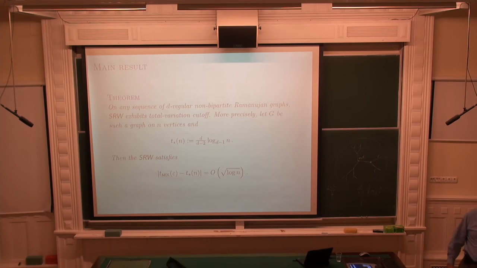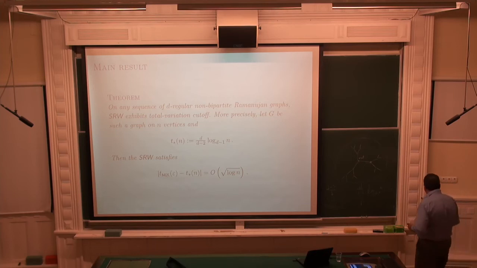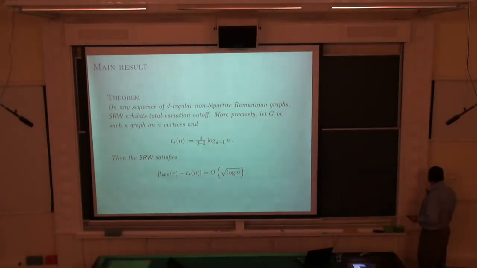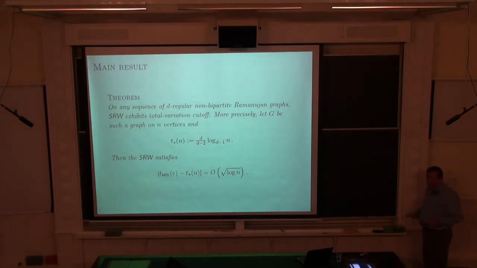You don't even need the local structure to be a tree, just because the tree covers the graph. You easily get this number as a lower bound. So that's the lower bound, and then the question is, when is there a corresponding upper bound? We see this for the Ramanujan graph.